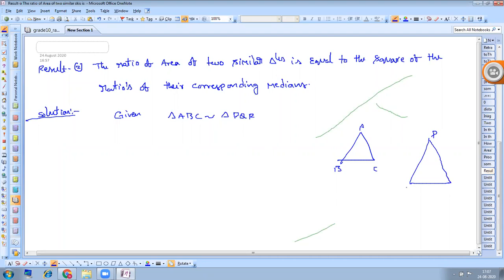Both are similar, so angle A is equal to angle P, angle B is equal to angle Q, angle C is equal to angle R. The medians are AD and PM. These are not altitudes, guys, they are medians. So you have to prove the ratio of the areas will be equal to the square of the ratio of the corresponding medians.